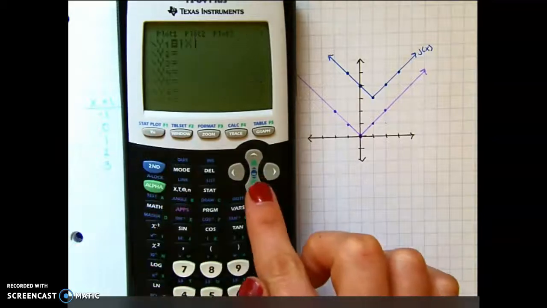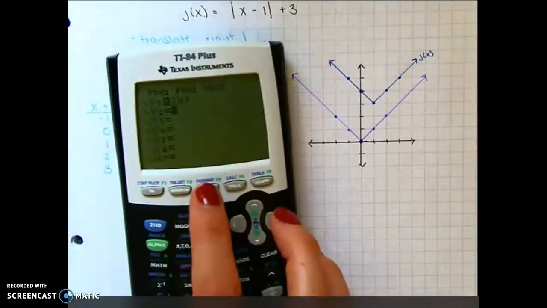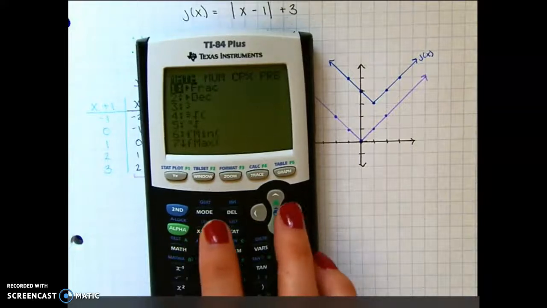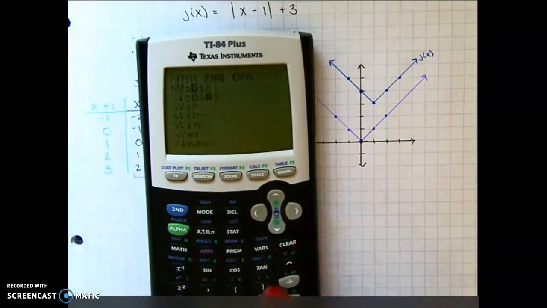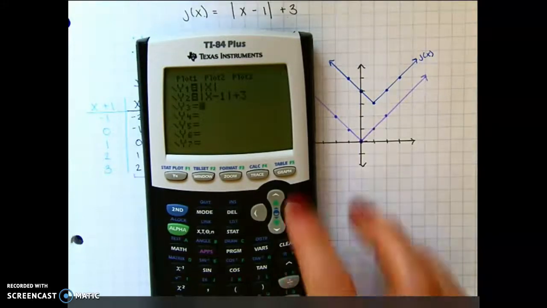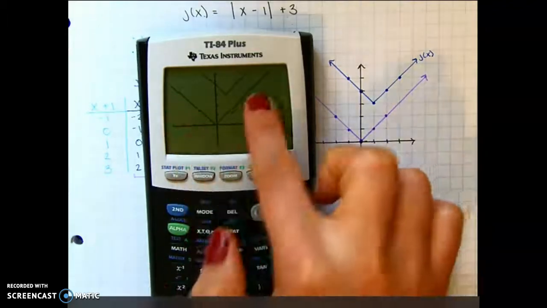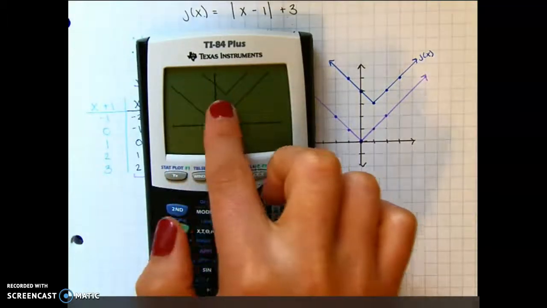If I go back to y equals, I'm going to do the absolute value of x minus 1 plus 3. So math again, number, absolute value, x minus 1, go to the outside, plus 3. Hit graph, and then we'll confirm. So going right 1, up 3.